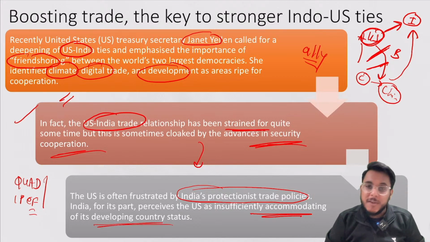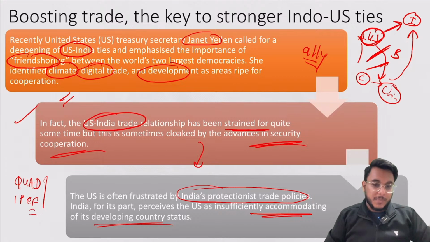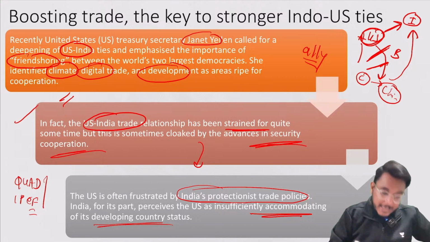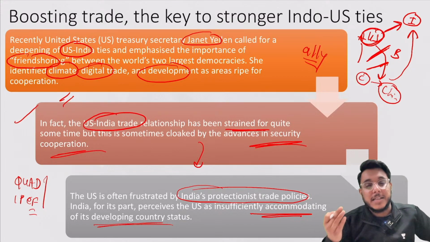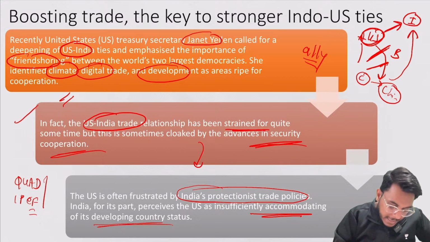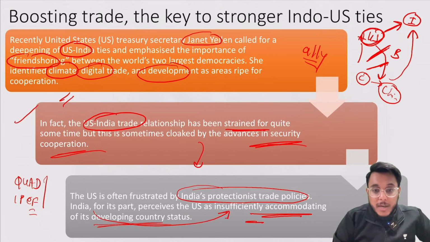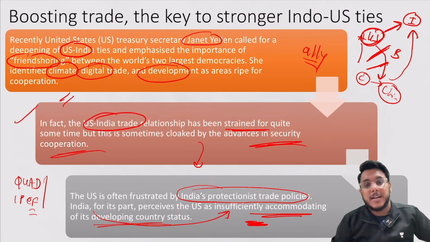Whenever India needs benefits on economic terms, the USA says that India is using the developing country status, but India says no, we are not using it. We are a developing nation and therefore we need certain supports which should be given to developing status. So India perceives that the USA is not accommodating the developing country status, and the USA thinks that India is overusing this developing country status.